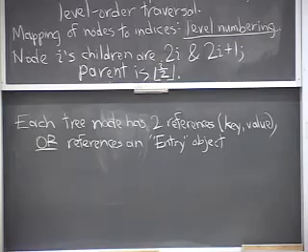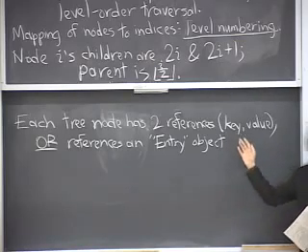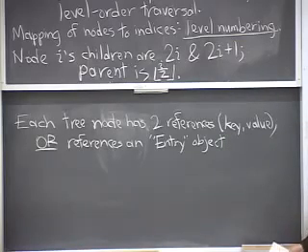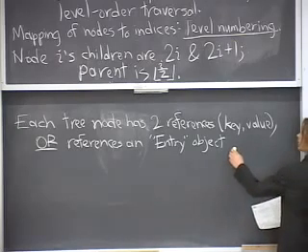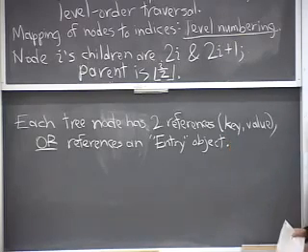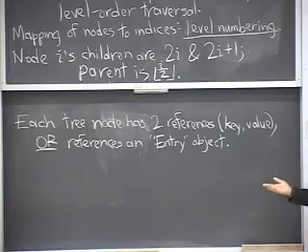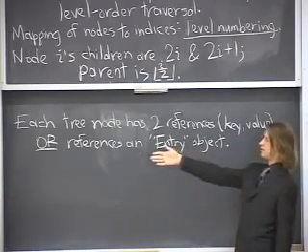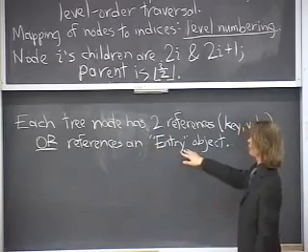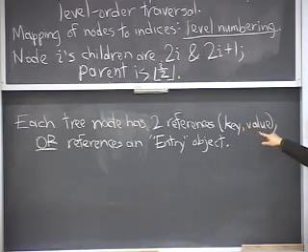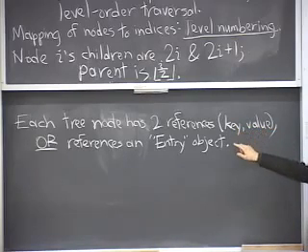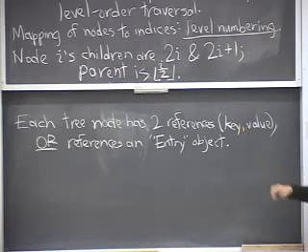And so Goodrich and Tamassia use the entry object. And if you want to see how that's defined, go look on page 322 of Goodrich and Tamassia. Now, for the array representation, this is convenient because the array just has a bunch of references to entry objects. But if you wanted to do it this way, then you would use two arrays. One array would have the key objects, and one array would have the value objects.